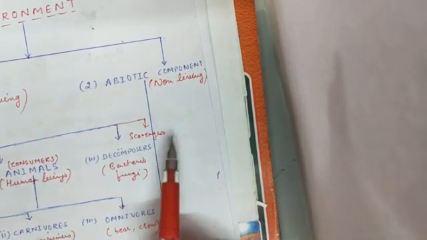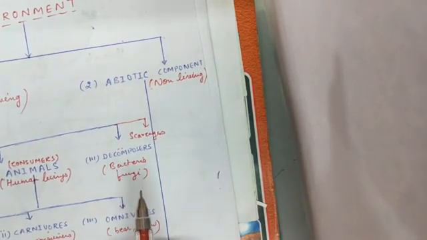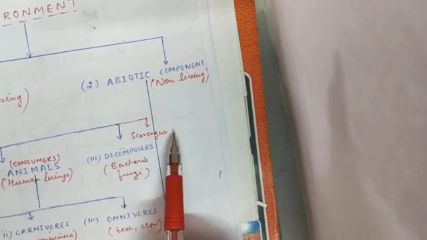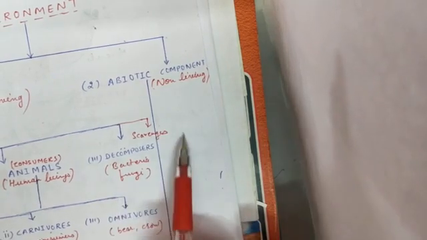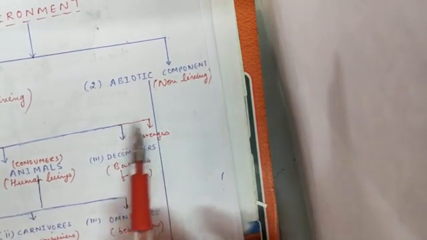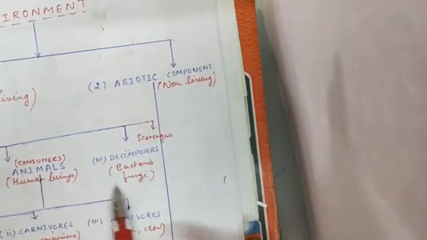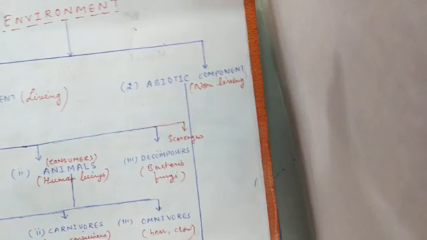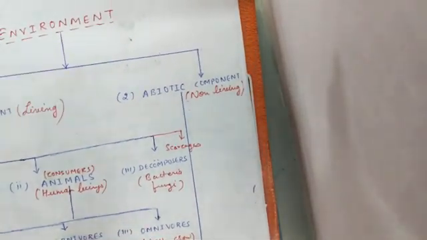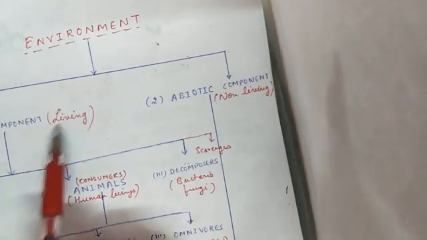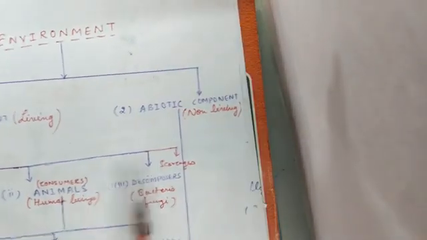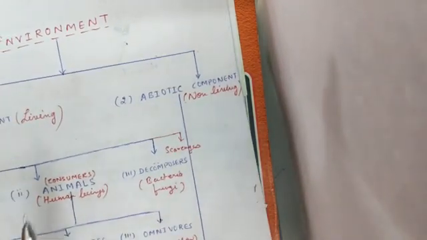Scavengers are those animals and birds who feed on dead animals, who consume dead animals directly. And these two groups play their role in keeping the environment clean. So it was all about the environment and the biotic component of the environment. In our next class, we will discuss the abiotic component of the environment.